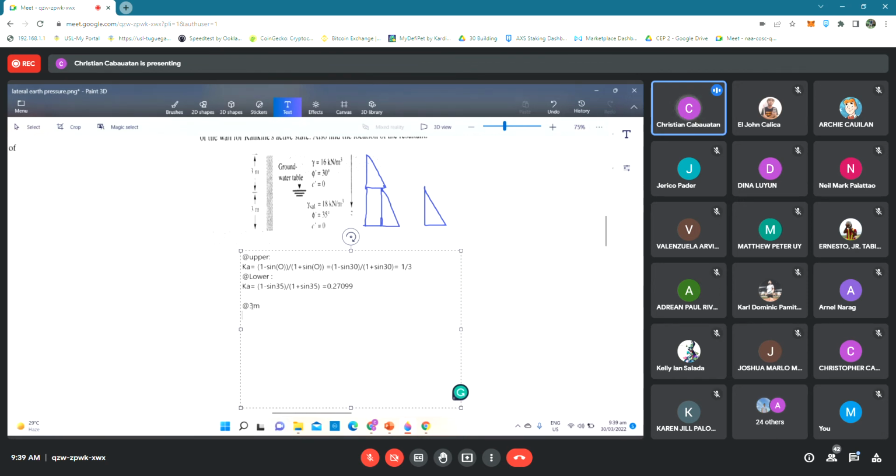So, Po is equal to your Ka gamma H, wherein it is equal to 1/3 times your gamma, which is 16, times your H, which is 3 meters. Okay? So therefore, yung ating Po ay equal to 16, sir. 16 sakto.